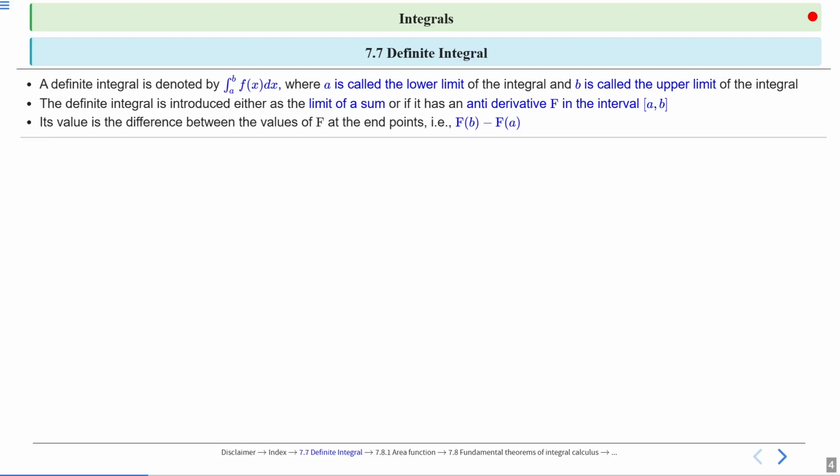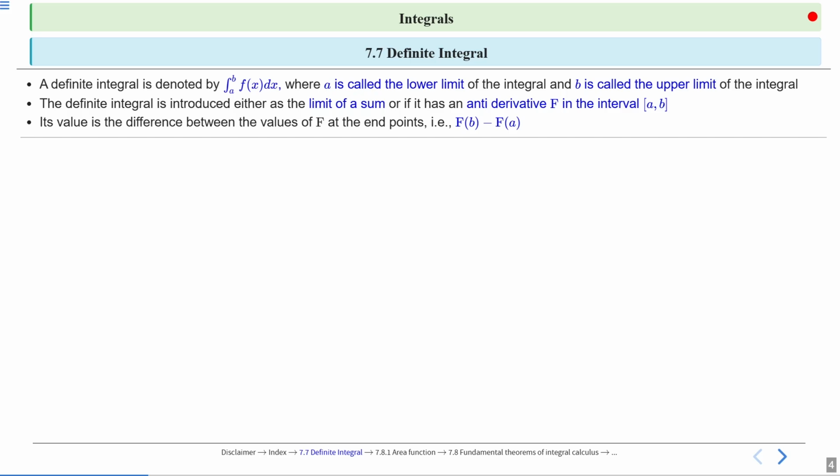Another difference with indefinite integral is that when we integrate any function in indefinite integral, the answer is again a function. For example, integration of x square becomes x cube by 3 plus constant of integration, that is a function.